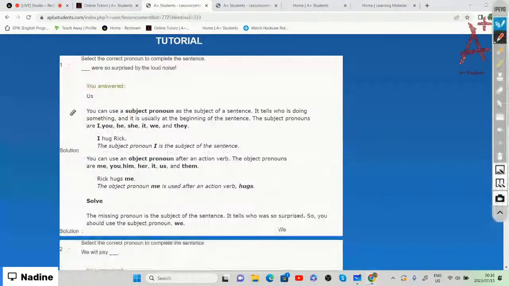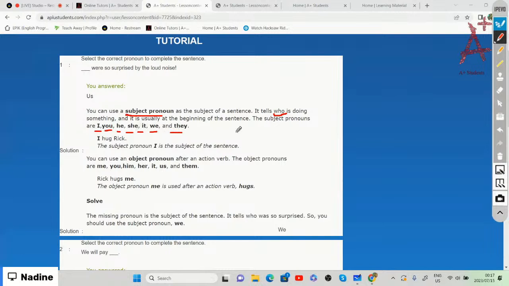All right, so you can use a subject pronoun as the subject of a sentence. A subject tells us who is doing something, and it is usually at the beginning of a sentence. The subject pronouns are I, you, he, she, it, we, or they.